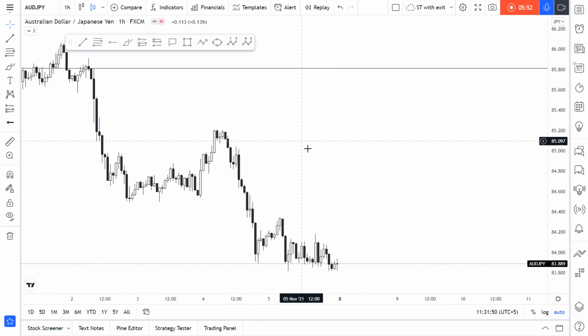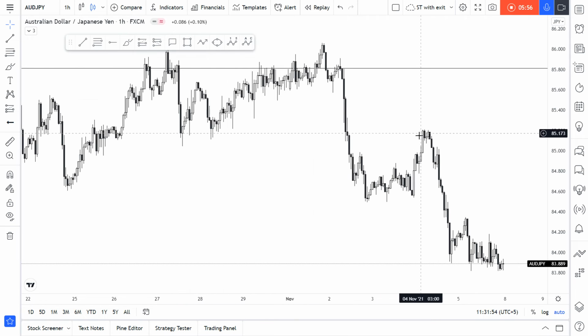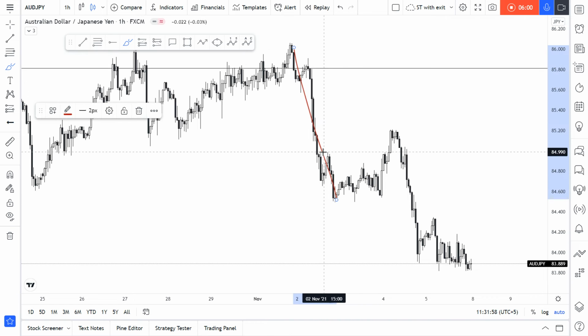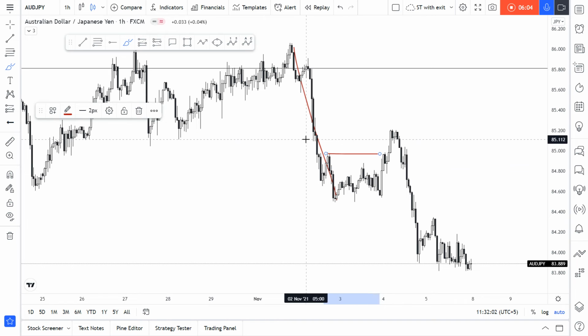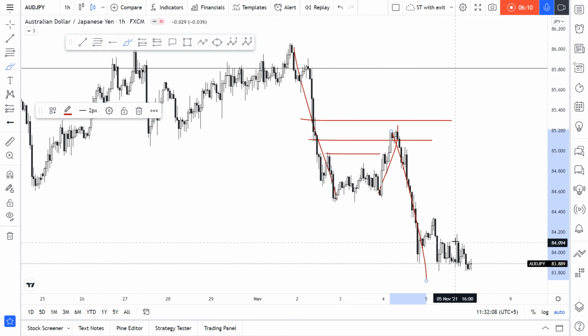Moving to the 1 hourly time frame, if we see here, the price made a strong push down. It got some liquidity at this high, and it got some order block here. It swept it, touched the order block, and then went down.